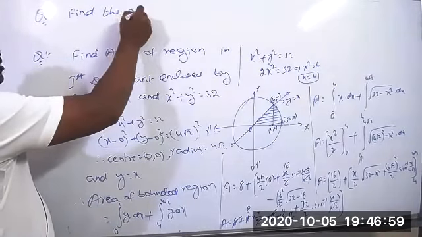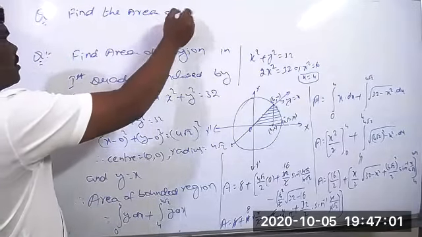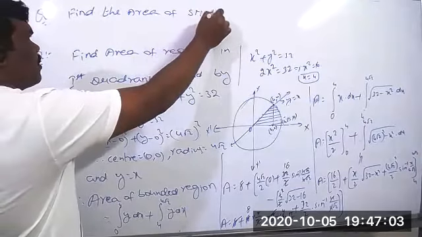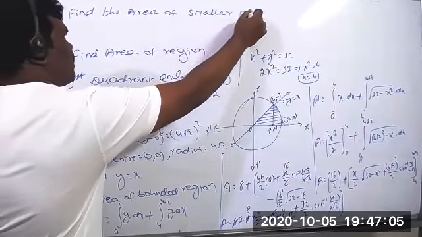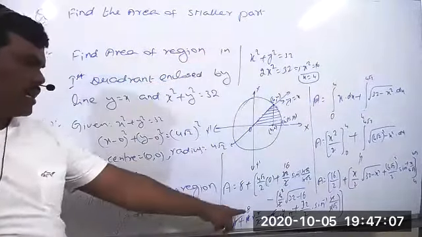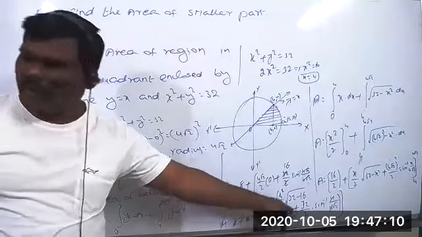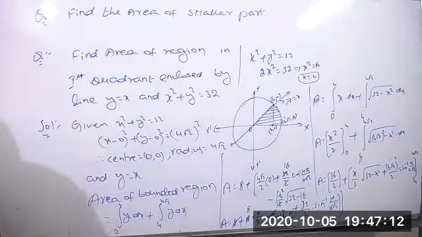Find the area of the smaller part. What is the answer to this question? 4 pi. The remaining right now, this is the 8 pi is there. 8 pi minus 4 pi equal to 4 pi. Okay. Smaller part.